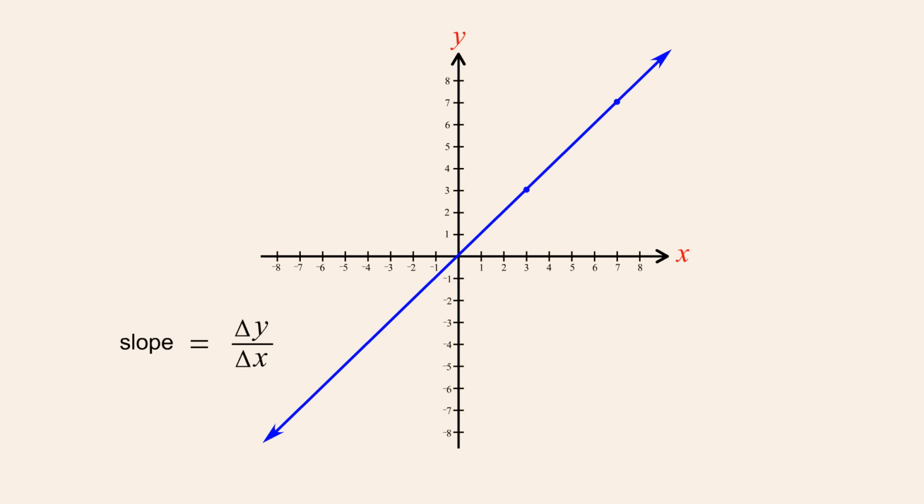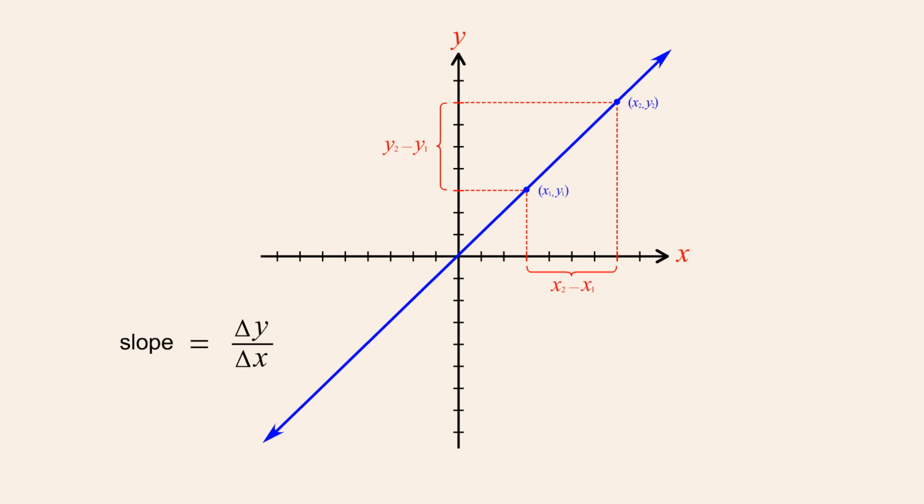As a general example, let's call the left point point 1 and the right point point 2. We will refer to the coordinates of point 1 as x1 and y1, and the coordinates of point 2 as x2 and y2. Now, delta y and delta x are y2 minus y1 and x2 minus x1.